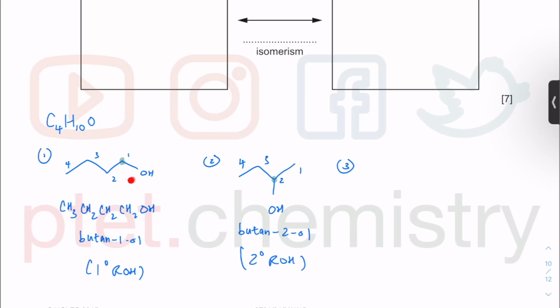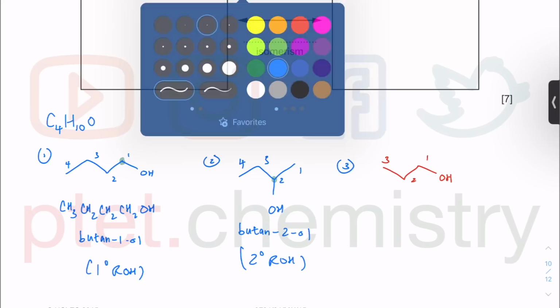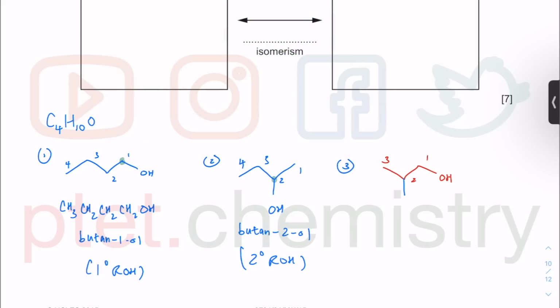When I go back to the original 4 carbon butan-1-ol, we can see the 4 carbon straight chain here. We can branch out the straight chain. What I could get is a chain of 3 carbons, 1, 2, and 3, and I can branch out the extra CH3. So this is a branched chain and this is a straight chain. Between 1 and 3, the relationship is straight chain and branched chain, so they are what you call chain isomers.